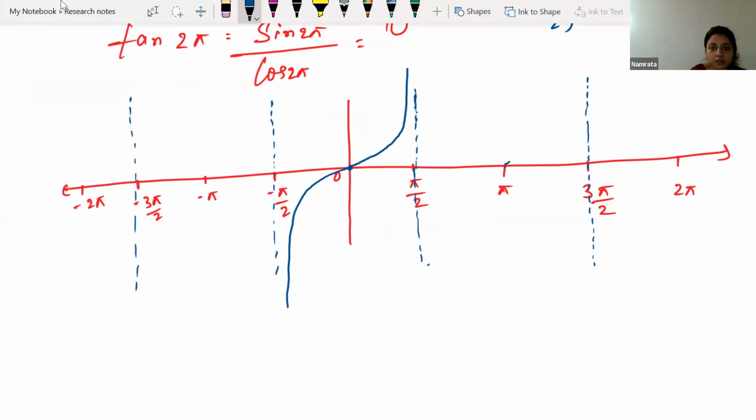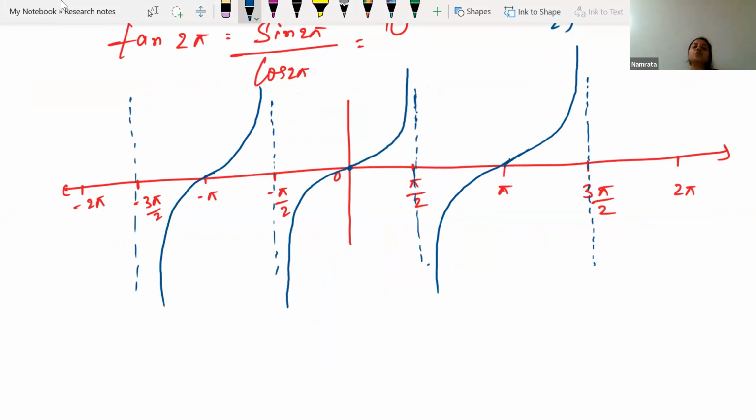So here this will be going to positive infinity, and from here it will be going to negative infinity. Similarly, here it will be going to positive infinity, and here it will be going to negative infinity. This is how your tan theta graph will look. Okay, let's move to cot.